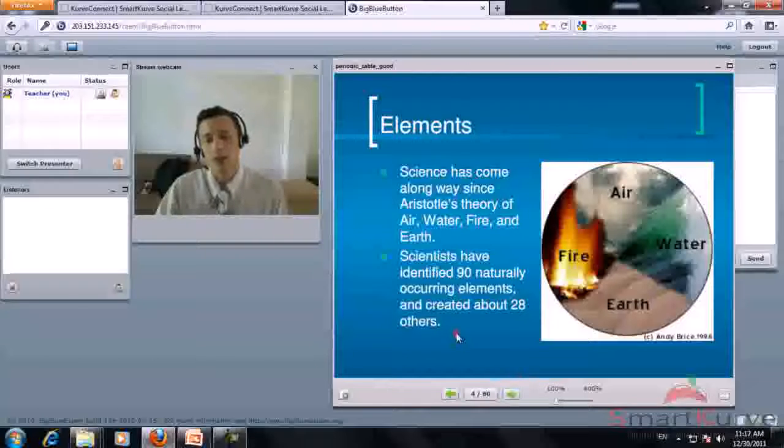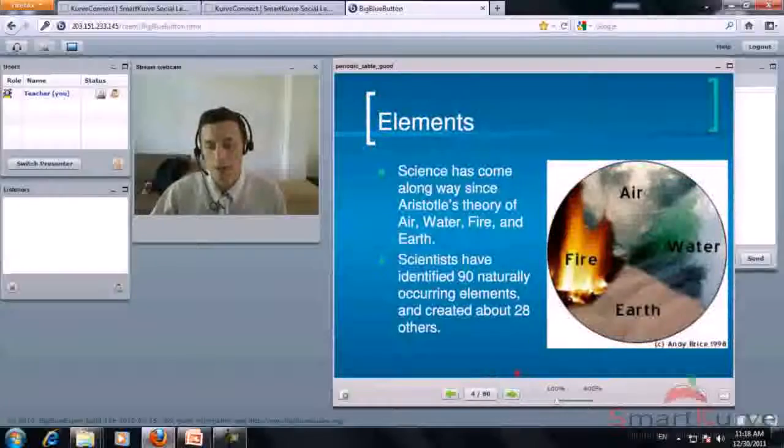Since then, we can see scientists have identified 90 naturally occurring elements and created about 28 others. Those 28 elements that scientists have created are all very heavy elements, and they are at the end of the periodic table.